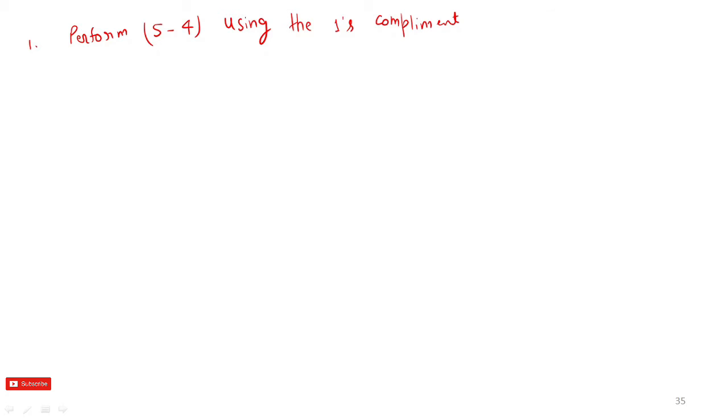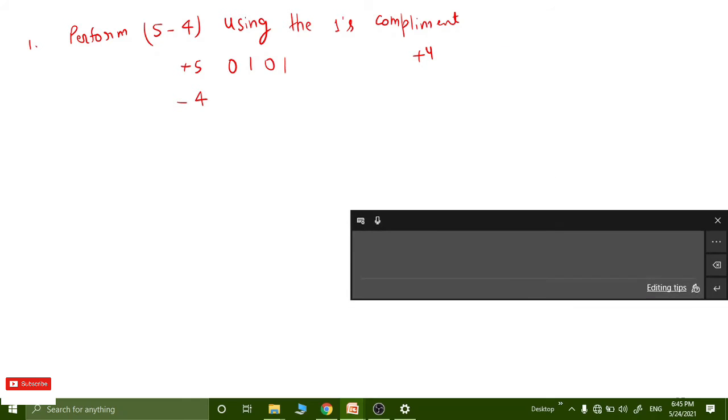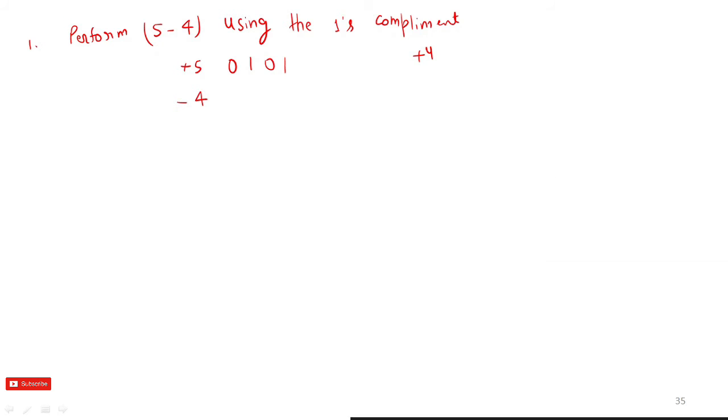Okay, so in ones complement method, how will you write plus 5? So 1 0 1, this is 0, and how will you write minus 4? First plus 4, means 1 0 0 0. This is plus 4, and its ones complement is minus 4.